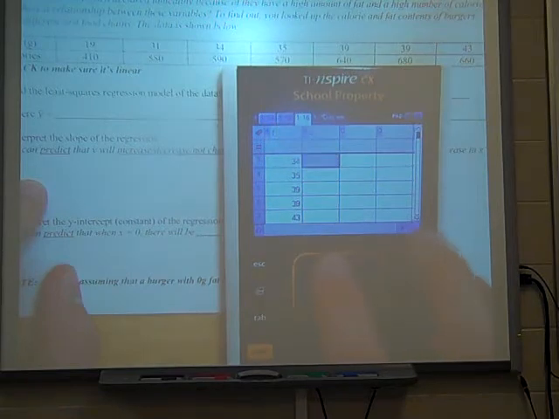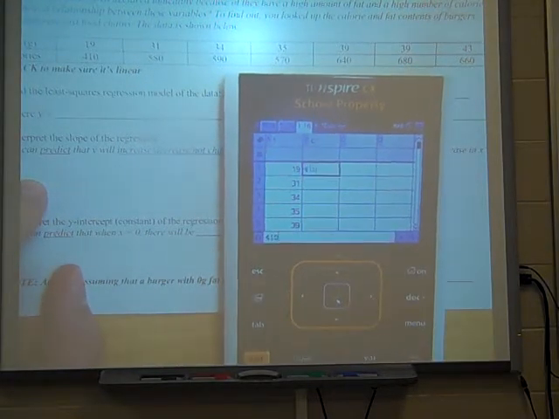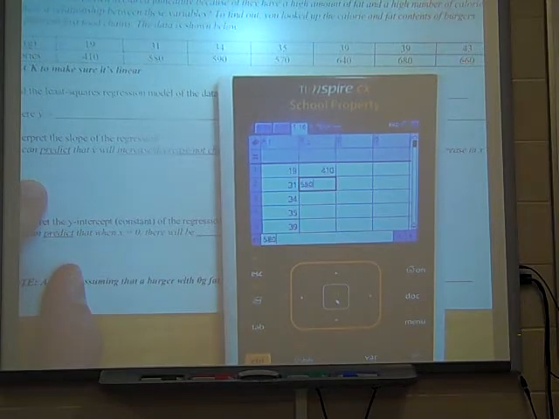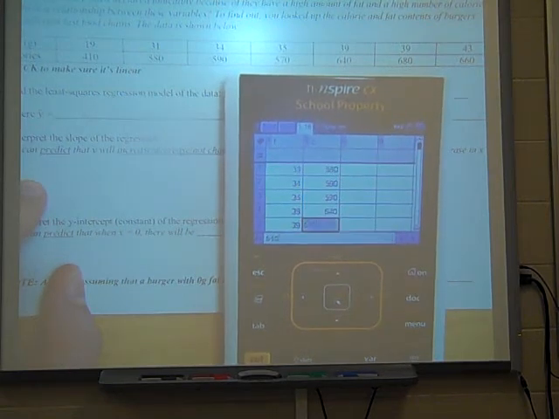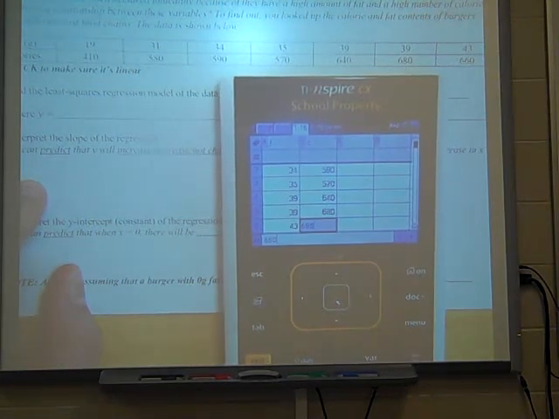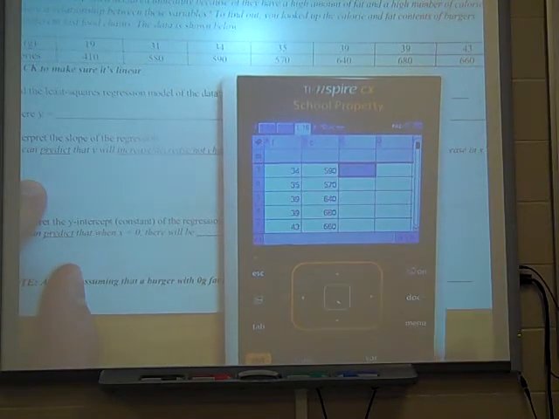For calories, I mean, you guys can see this in your notes. What am I saying? You can just type these in. You guys can see them. 590, 570, 640, 680, and 660. So we're going to make our regression line.